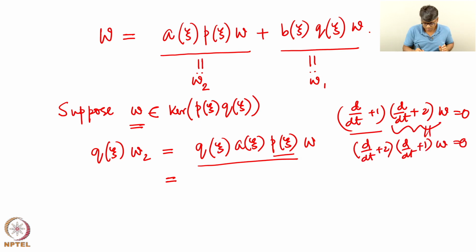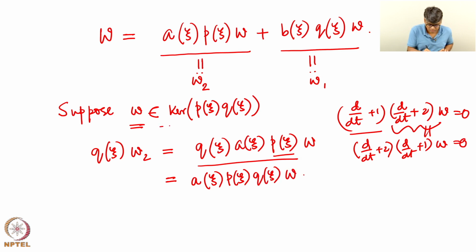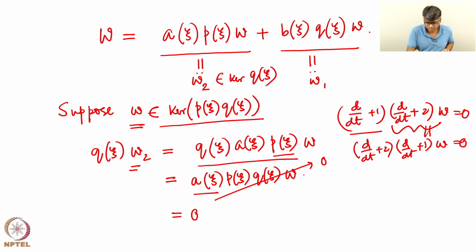So they commute. Because they commute, I can write this as A xi P xi Q xi W. But W is in the kernel of the product P xi Q xi, so this must go to 0. A xi acting on 0 will produce again 0. So indeed you see W2 belongs to the kernel of Q xi.